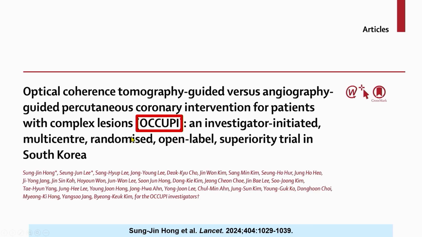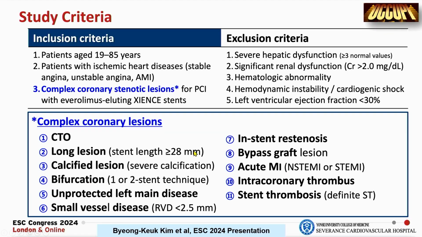We can see the OCCUPI study, actually from the Korean group, published in Lancet 2024. They used OCT compared with angio in complex regions, including CTO and also acute myocardial infarction.